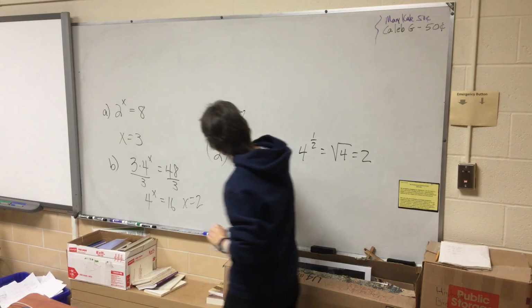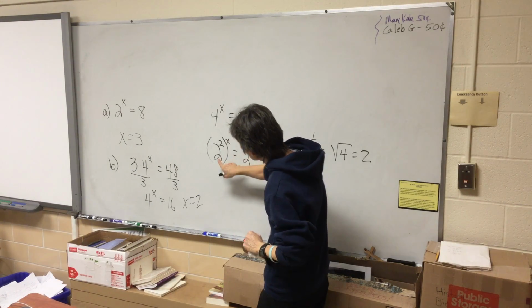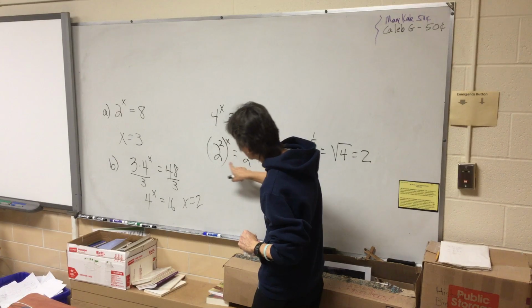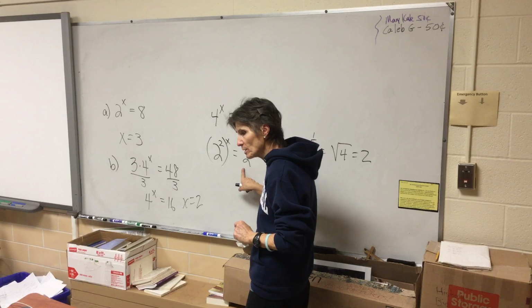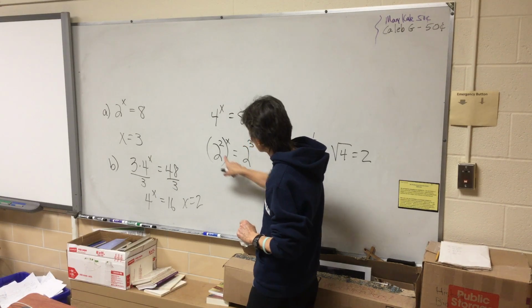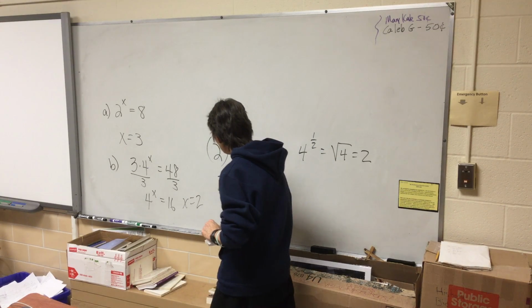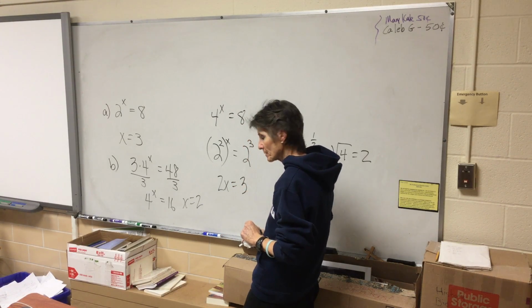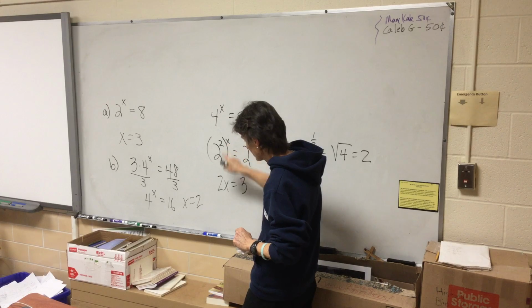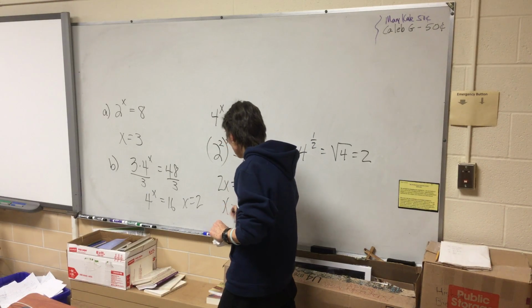Once you change both of your numbers into the same base, we call this a common base, then you can set the exponents equal to each other. So since 2 to the 2x equals 2 to the third, these are multiplied, x equals 3/2.